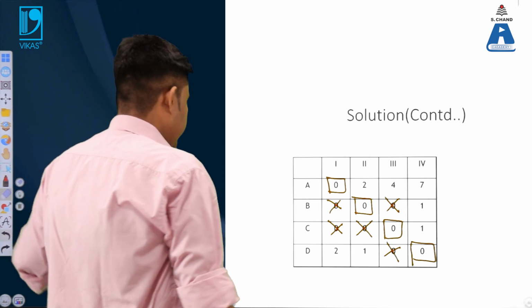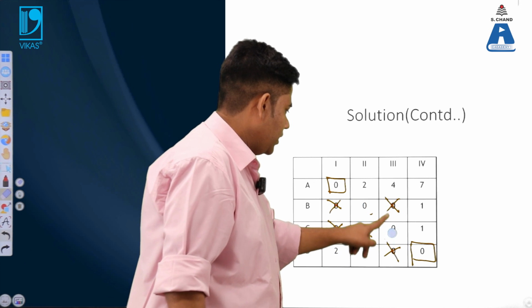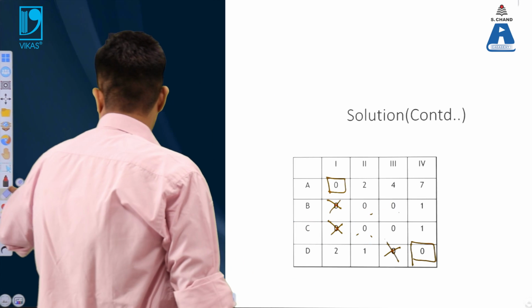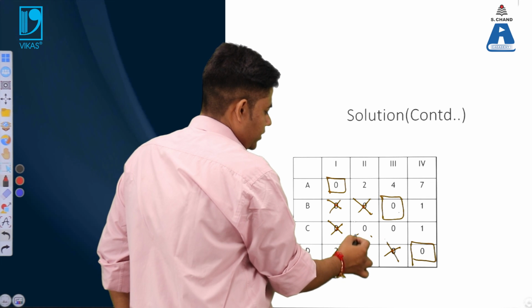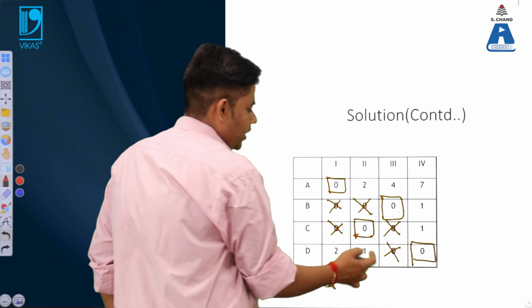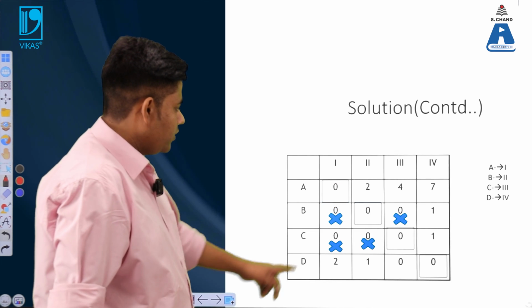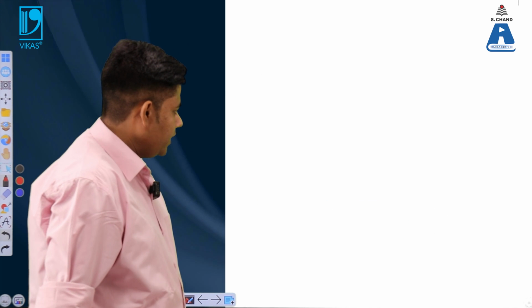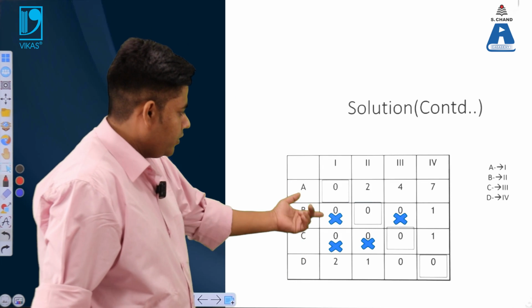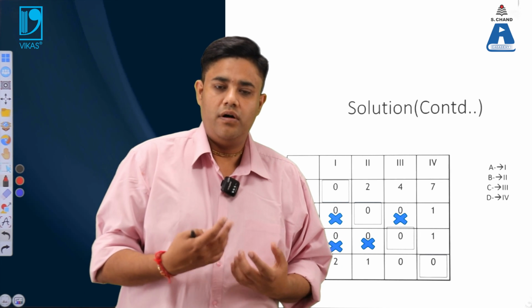In the second case, I may choose this zero, and if I choose this zero, I have to cross it. If I choose this zero, I have to cross it. That means I will get 2 particular solutions. For the first case, I have chosen this, and this would be the allocation. For the second case, the allocation would be different, but the total value of the cost would be the same in both situations.